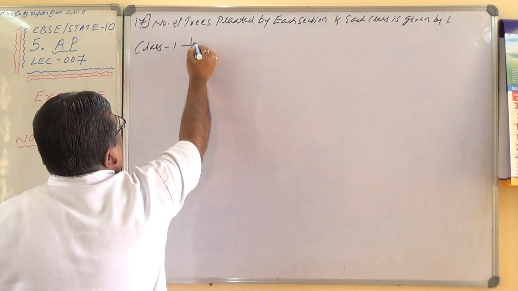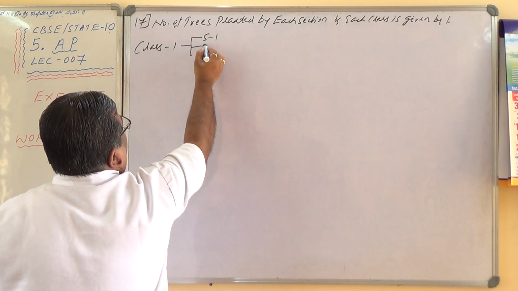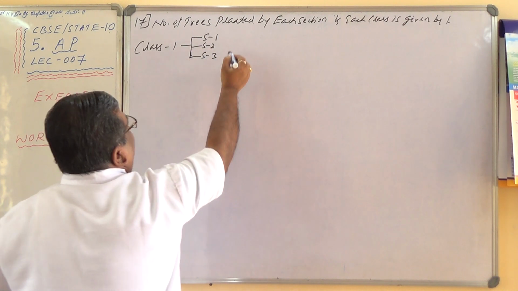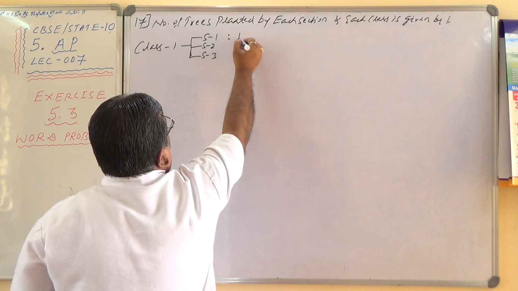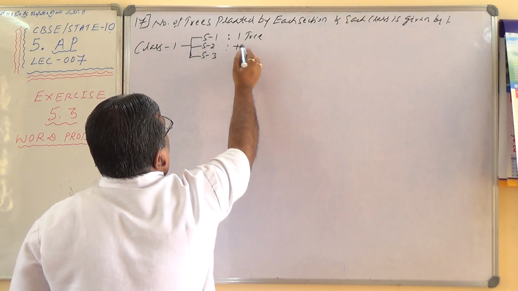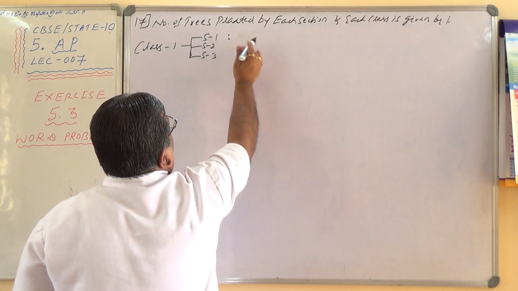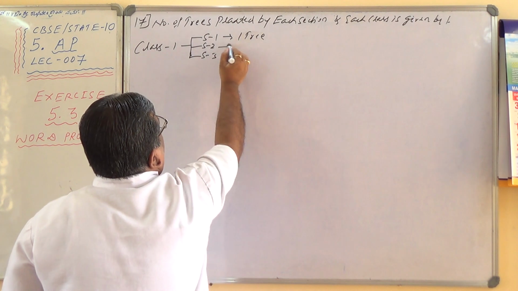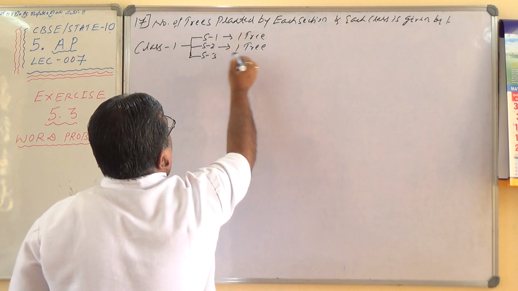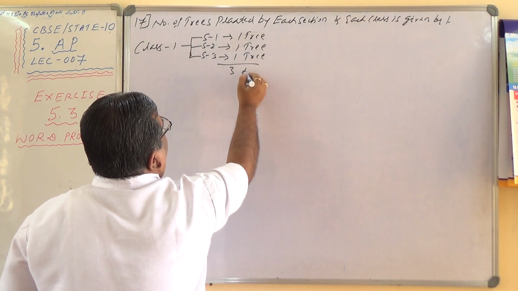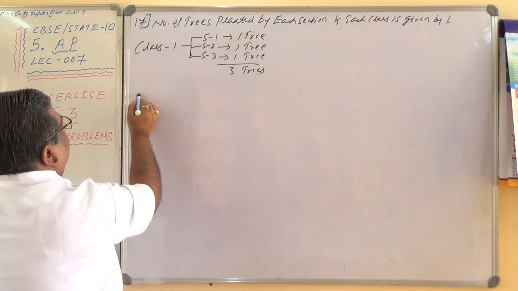How many sections? Section 1, section 2, section 3. So number of trees, 1 tree, plus 1 tree, plus 1 tree. So total 3 trees.